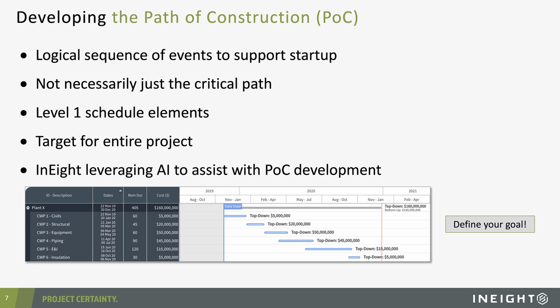This was the sequence of those level 1 elements. Having the planning software augment and guide us through the definition of this path of construction, I think is a massive leap forward. So think of the definition of the path of construction as you're first of all defining your overall project goal.